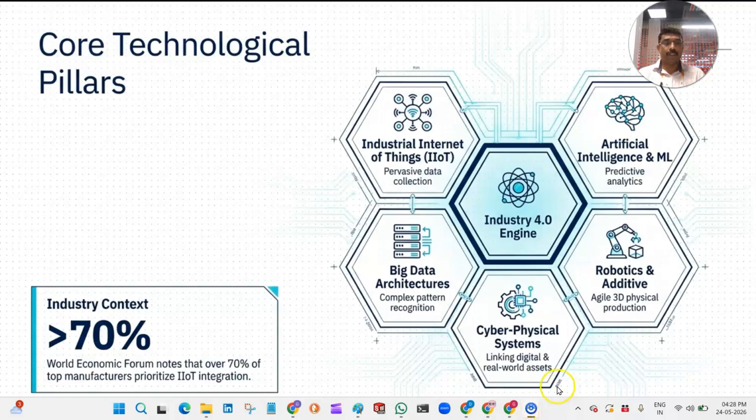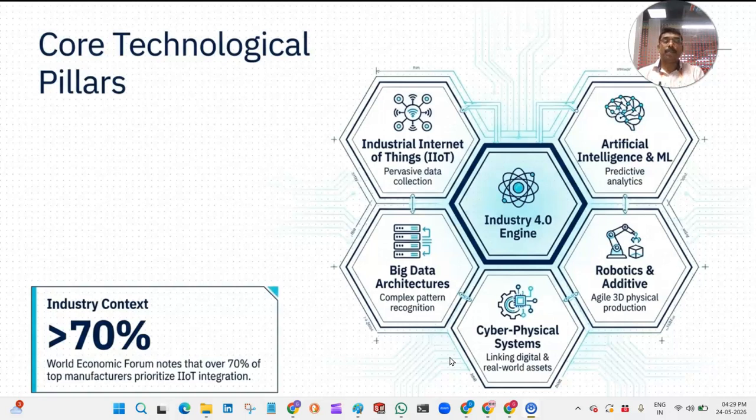Both technologies give agile 3D physical production. Any component can be manufactured using the additive manufacturing process, and any component can be taken to any kind of hostile environment using robotics.